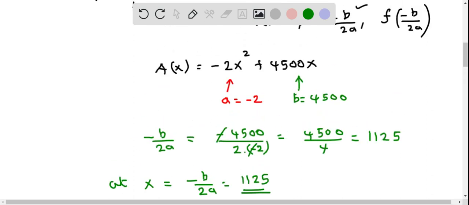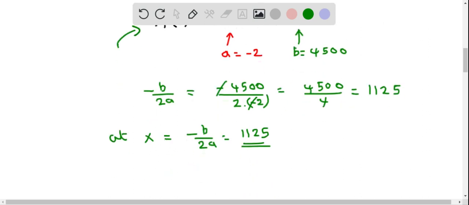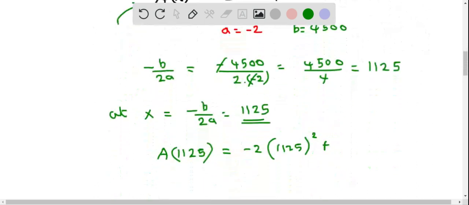To find the maximum area, we have to plug x equal to 1125 into this area function. So it's A of 1125, which equals negative 2 times 1125 quantity squared plus 4500 times 1125.